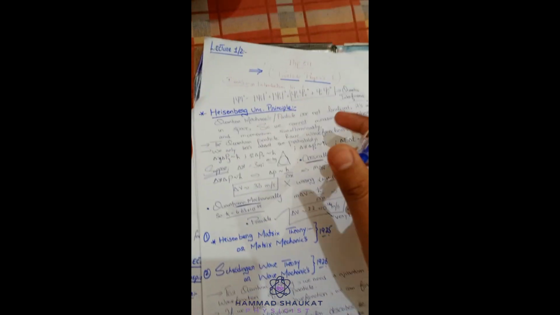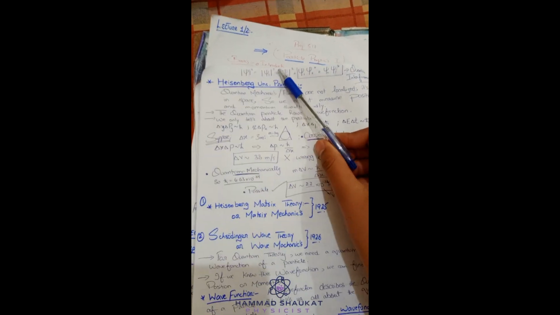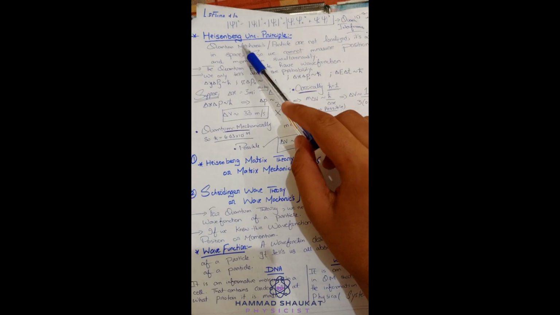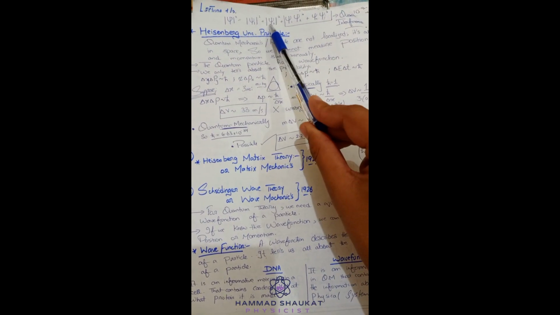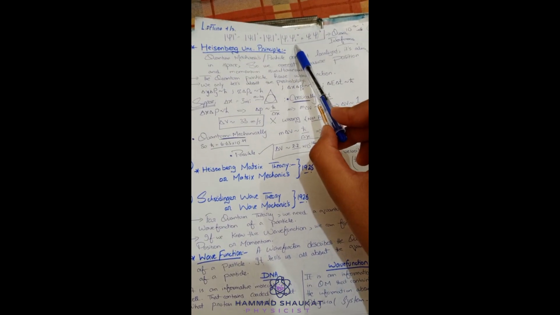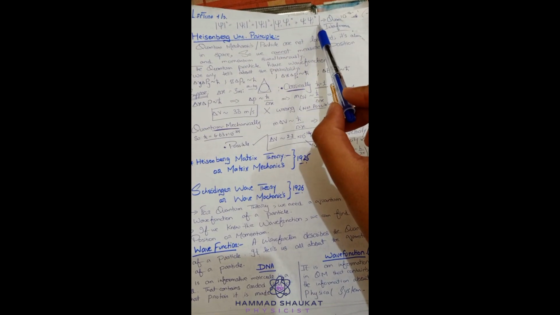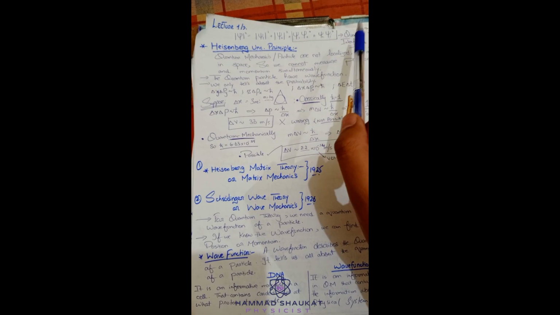Just multiply, you will get this expression simply. Here I just put the values to find the superposition, because in superposition you just have to add up all the waves. Suppose there are two waves, you have to add them both. Put the values psi 1, psi 1 star, and psi 2 star. So this is basically known as quantum interference.